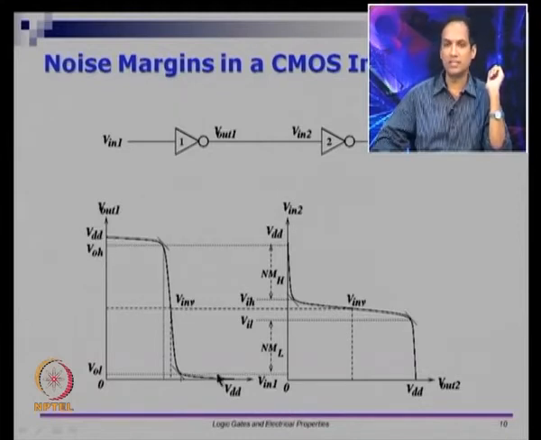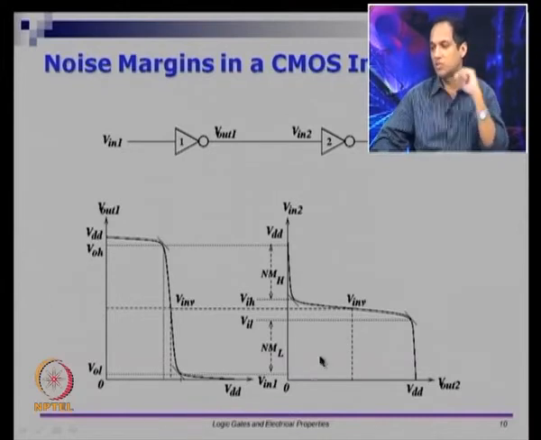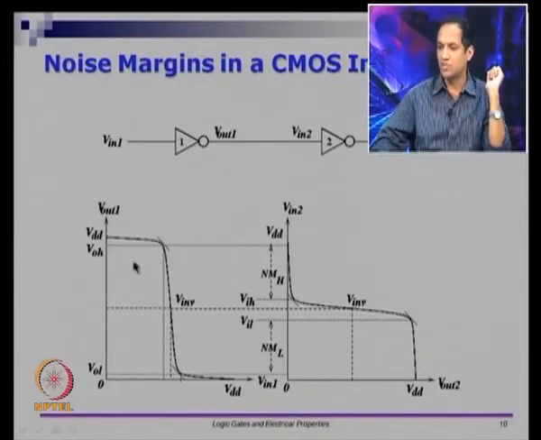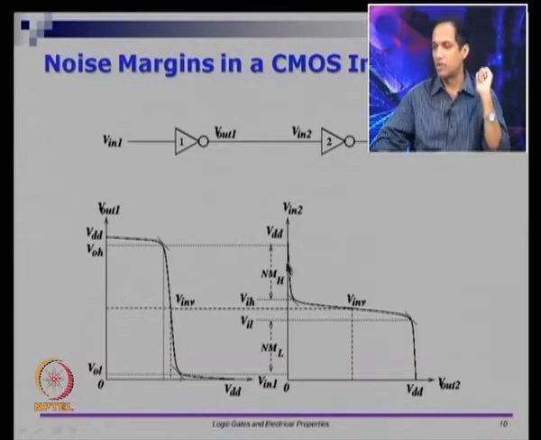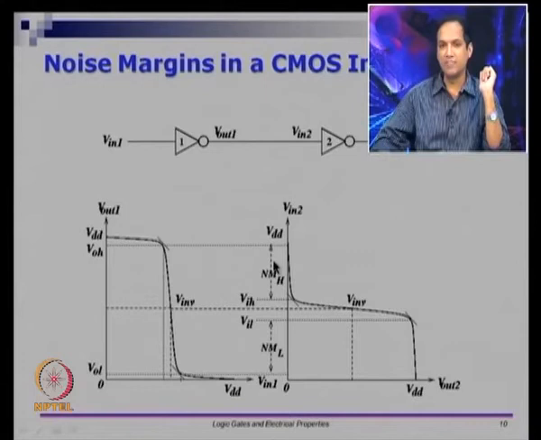So let us see what the implication is on the other side. You get a voltage from here, and the transfer characteristic here is just flipped around. So we have input in the y axis and output in the x axis for the second inverter. There is a reason why it is done. I will quickly come to that.